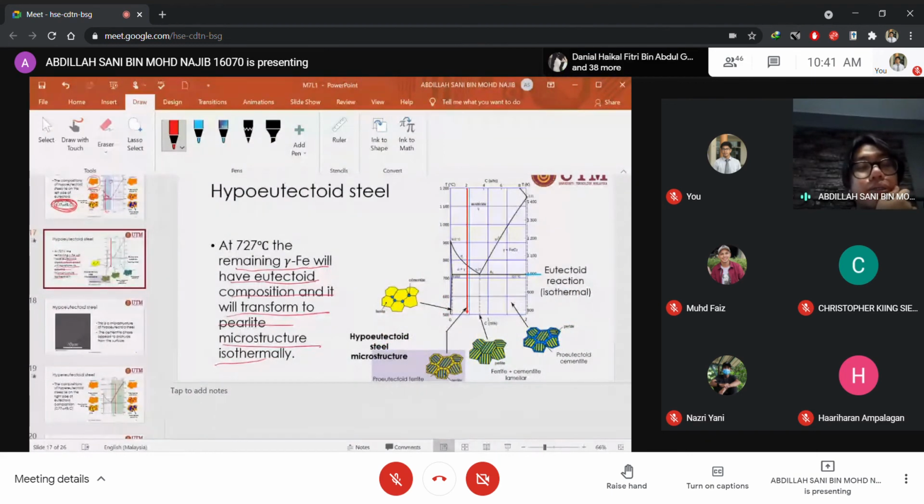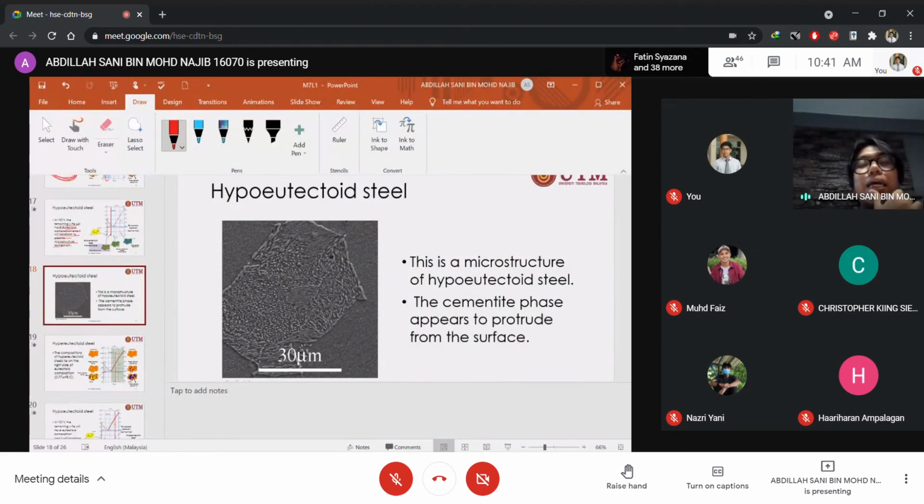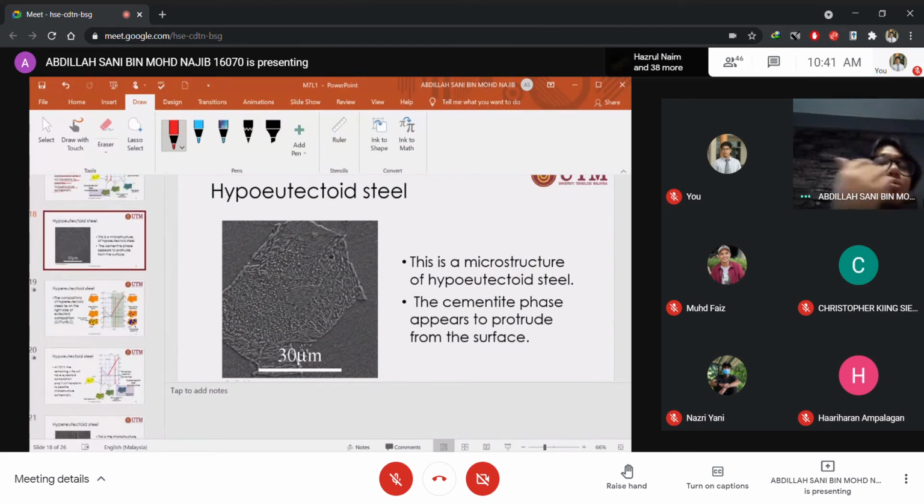This is how it looks like: eutectoid steel, with cementite protruding from the surface. You can see clearly there are two phases, the bright one and the darker one.